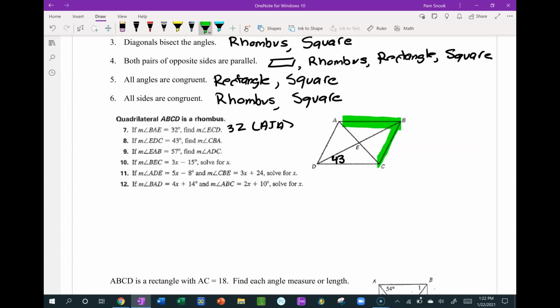Well, I know in a parallelogram, opposite angles are congruent, and I also know in a rhombus, the diagonals are bisecting the opposite angles. So therefore right here I have 43, which means that this angle at CBA has to be congruent to the 43 plus 43.